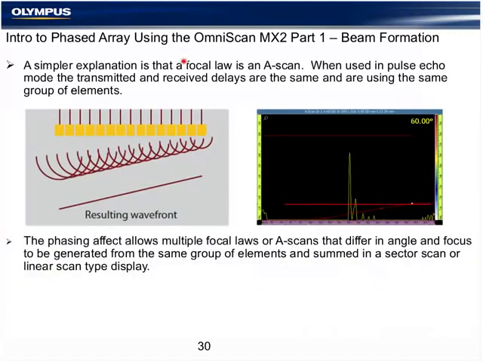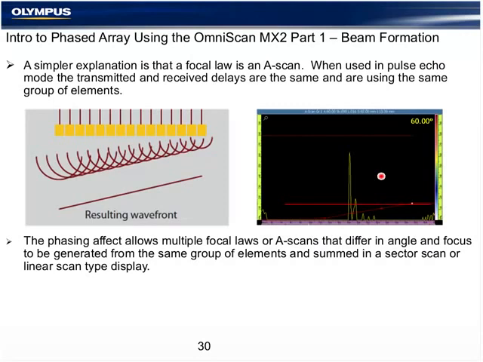So when each element is excited in a focal law, we can see that there's an individual wave front associated with that one element, but the sum of all of the waves together, or individual A-scans, are summed into a focal law that gives us basically the equivalent of what we're already used to seeing in conventional UT.